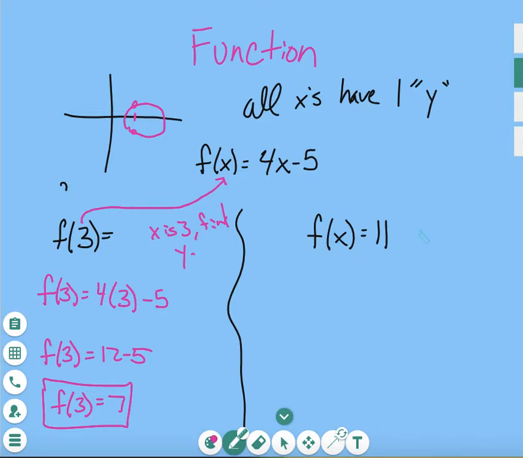This is their way of saying y is 11, find x. So they're plugging in a number in the space here this time instead. How we would set that up is we would replace our f of x with our 11, and then we would follow our normal solving process.